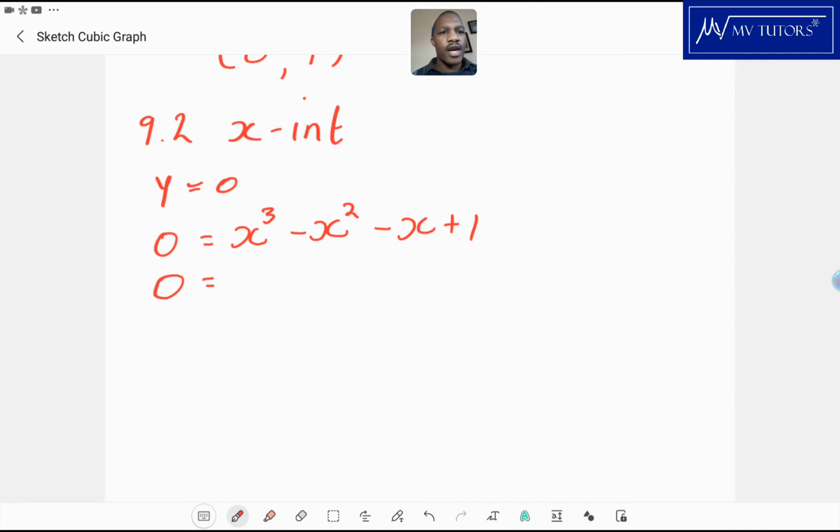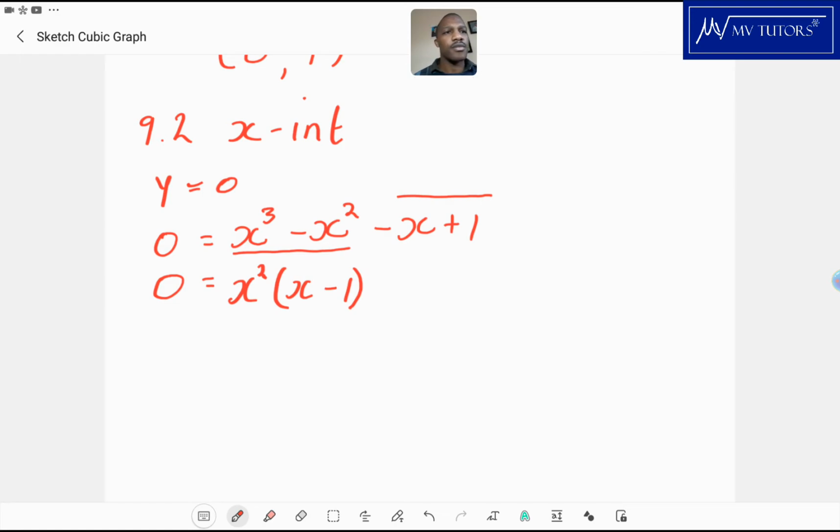Where I just look at these two, factorize them, and then I look at those two, factorize them on their own. So factorizing these two, I can see that the highest common factor between these two is x squared. And then to get x cubed, I need to multiply with x minus 1.